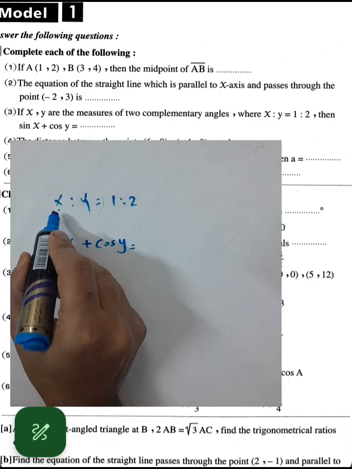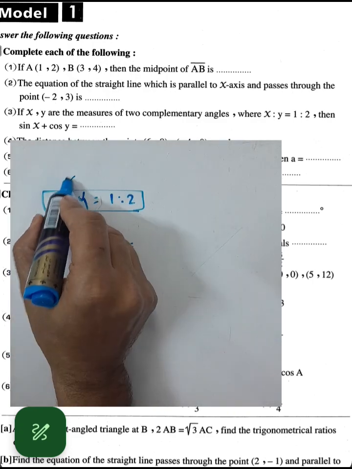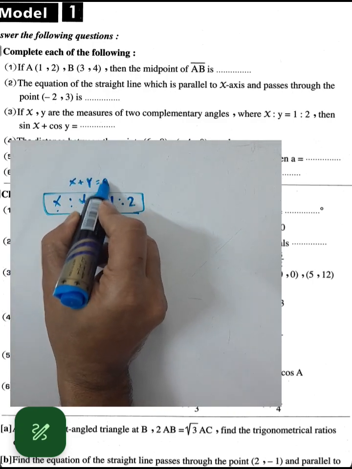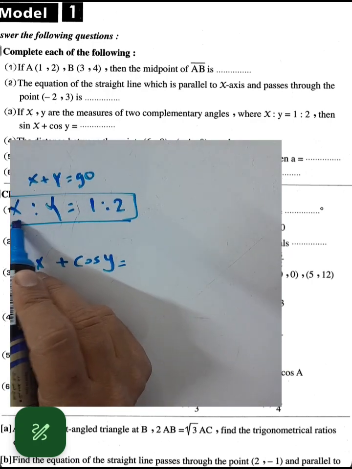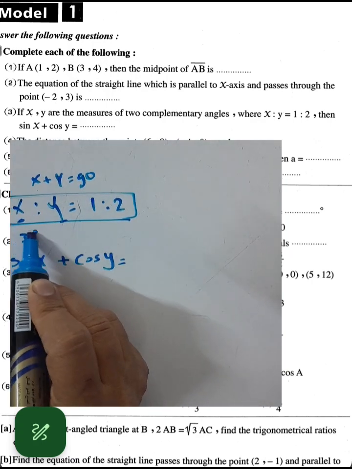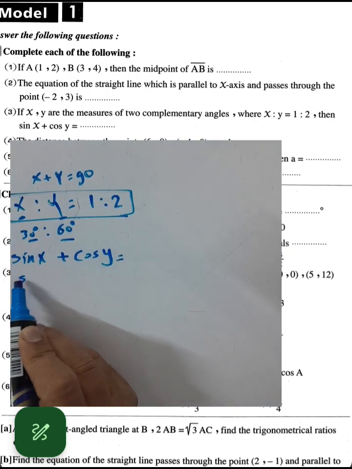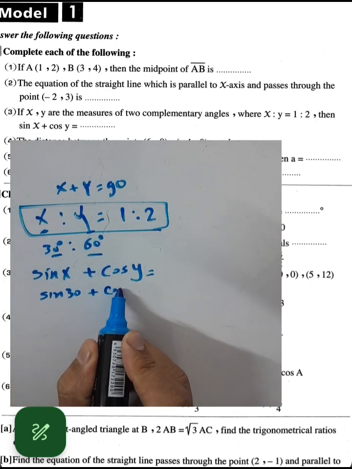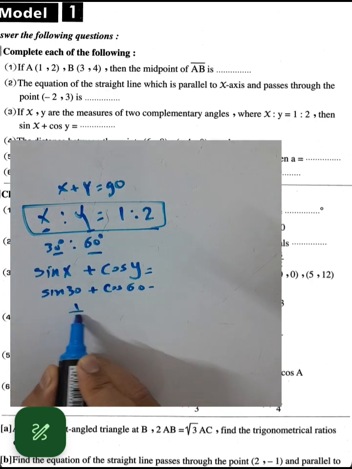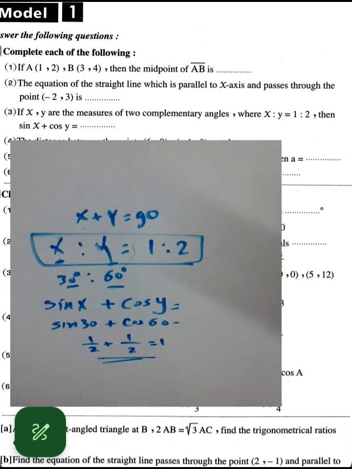We have the ratio between x and y equal 1 to 2, and x plus y equals 90 degrees, complementary angles. Then angle x will be 30 degrees and y will be 60 degrees, ratio 1 to 2. Then sin 30 plus cosine 60, sin 30 is a half plus cosine 60 is a half, half plus half equals 1. The result will be equal to 1.